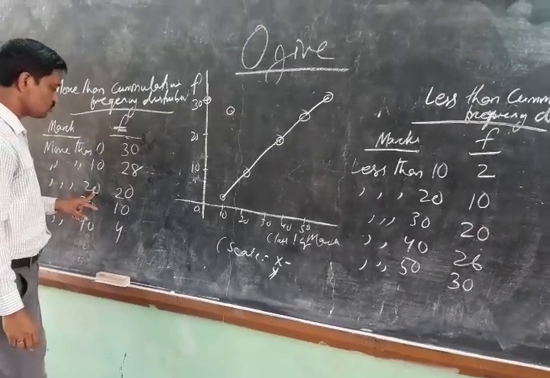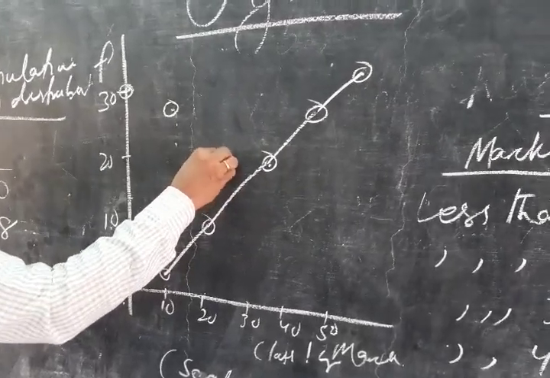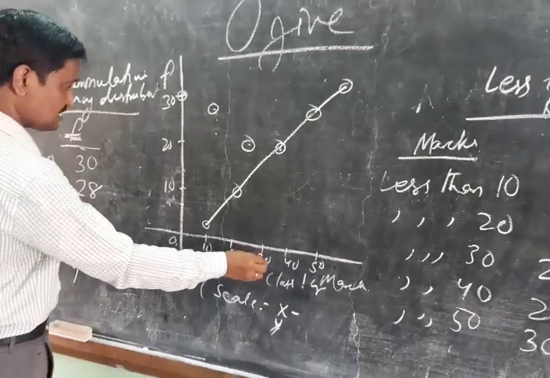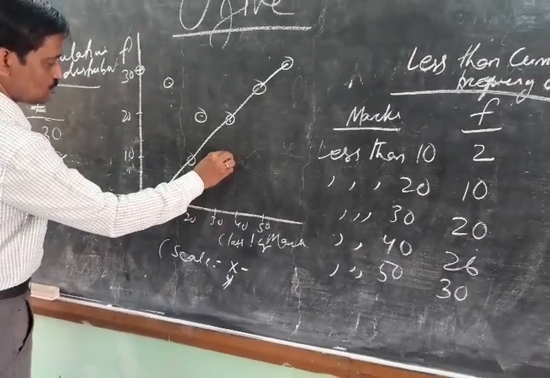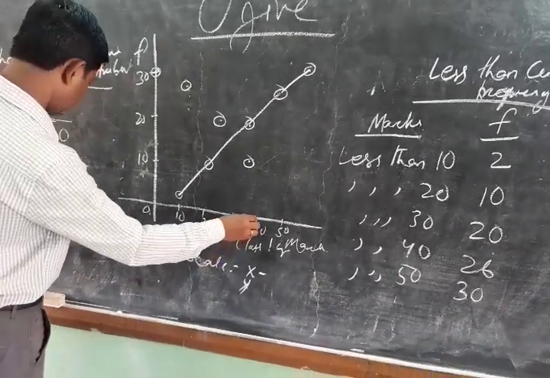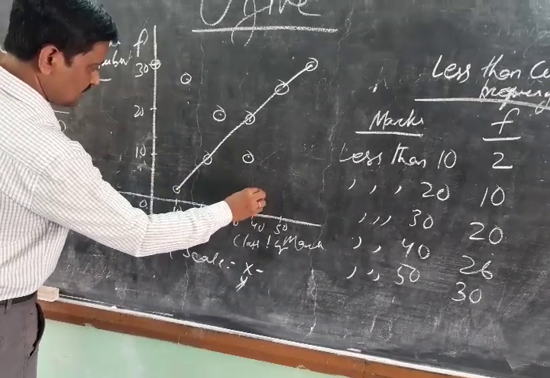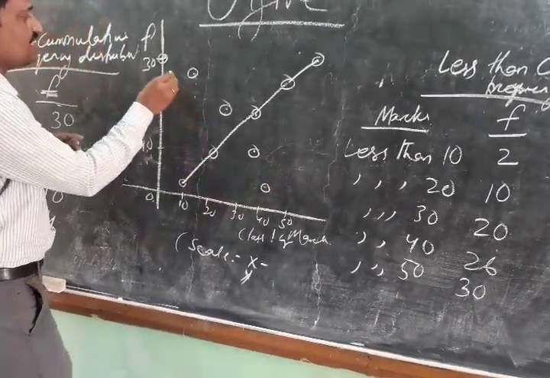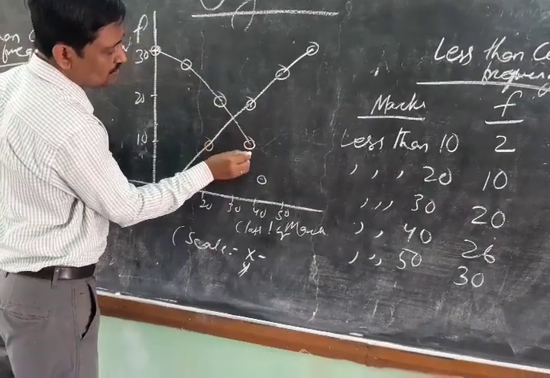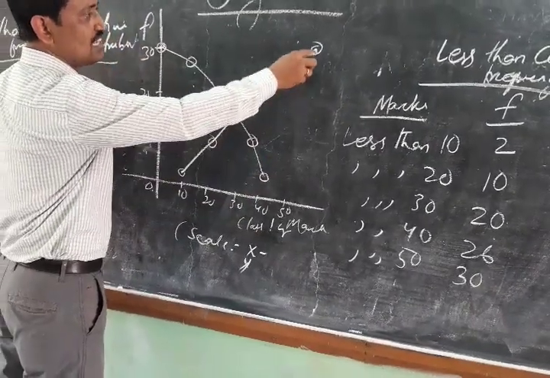More than 20 is 20, and more than 30 is 10. More than 40 is 4. Again you will join these by a smooth freehand curve. So this is the more than ogive, and this is the less than ogive.